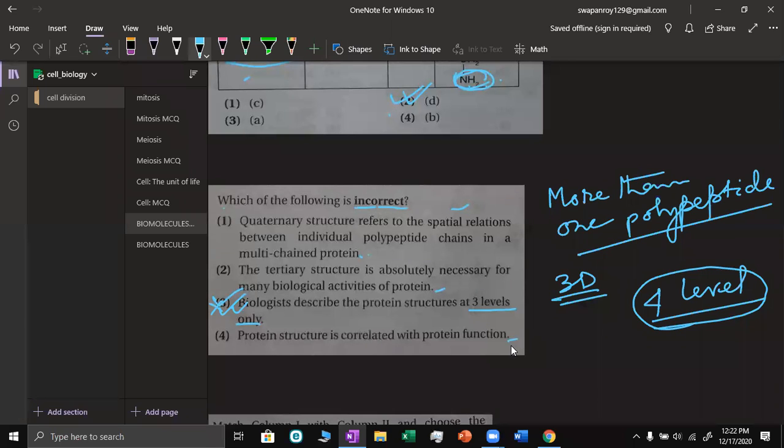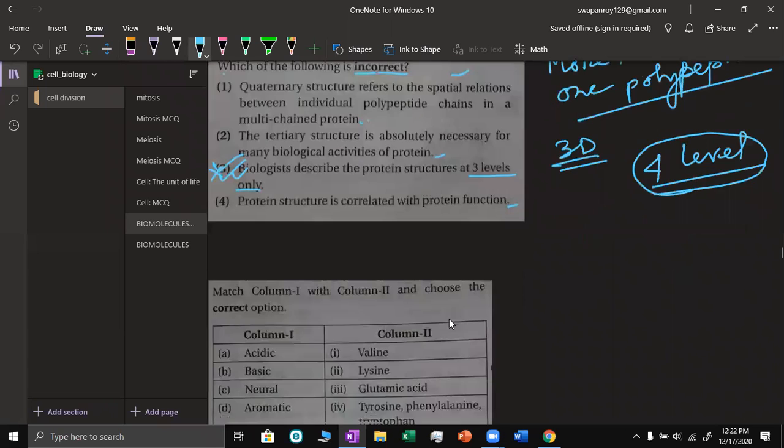Naturally, every molecule's structure is suitable for its function. The function it has to carry out decides its structure. So this is all true.